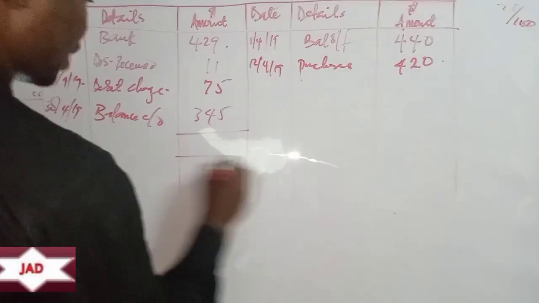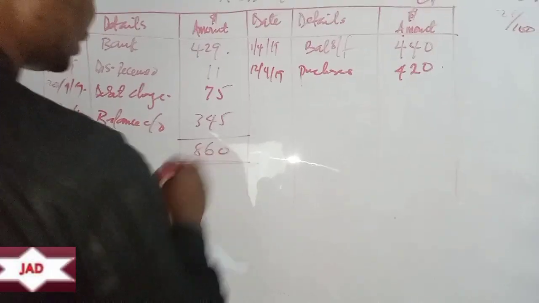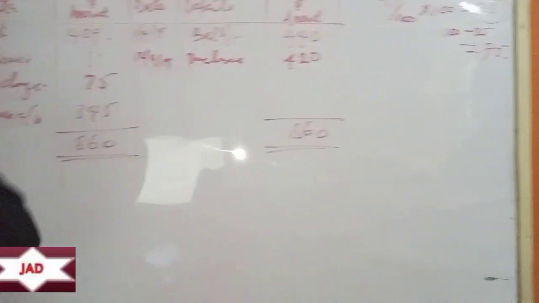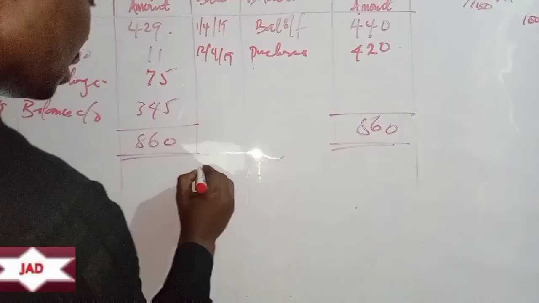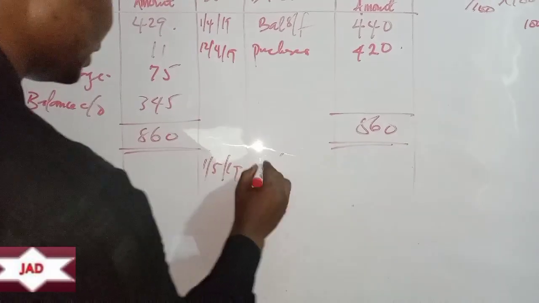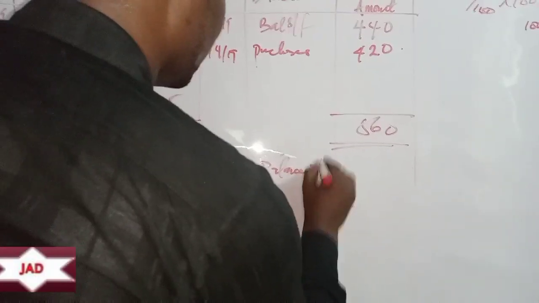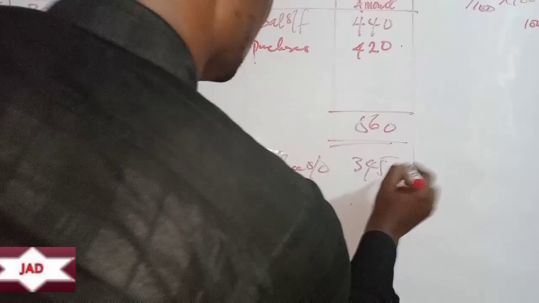So when we add up, we have 860. So on the 1st of May 19, the balance brought down will be 345.